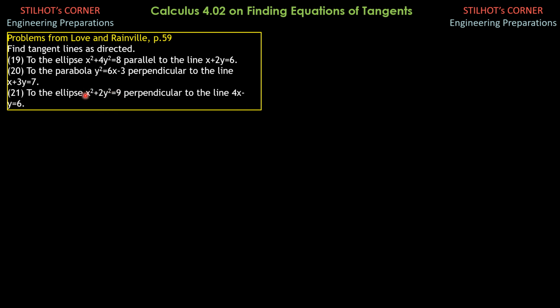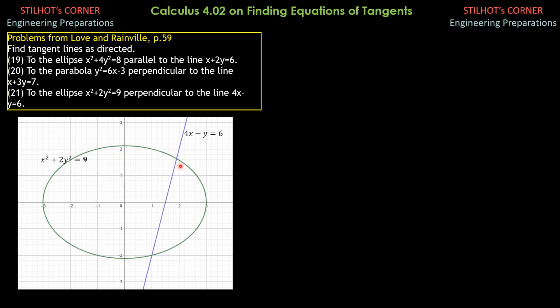Again, this is an ellipse with center at the origin. a is 3, and b is the square root of 9 halves, or square root of 4.5, and it looks like this. So that's x squared plus 2y squared equals 9.